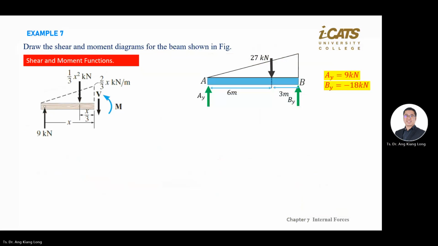So we directly pick an x that is more than the black arrow, meaning more than the 27 kilonewton.